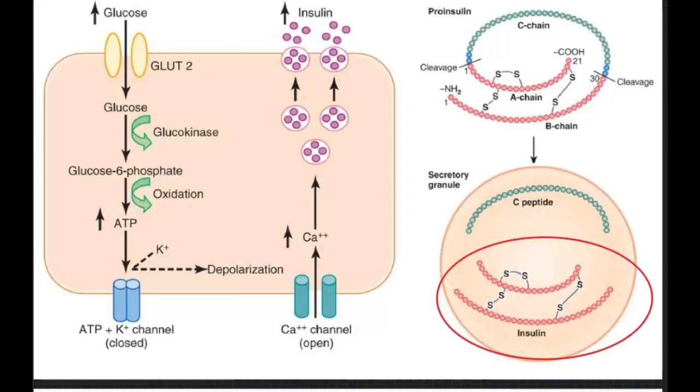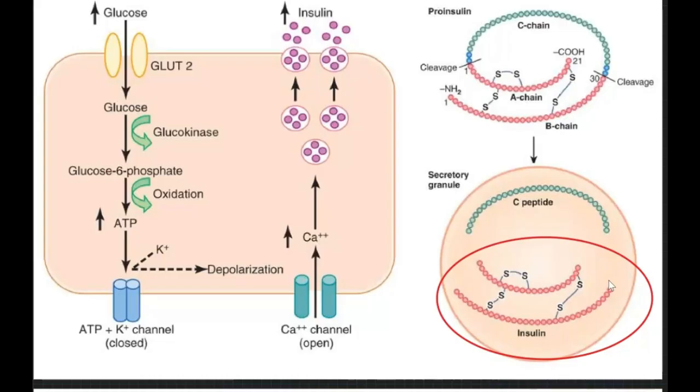It's a relatively small protein, and it is the first human protein that was synthesized from scratch, which is quite a feat. It is now produced via recombinant technology. So how does your pancreas know when to produce insulin?